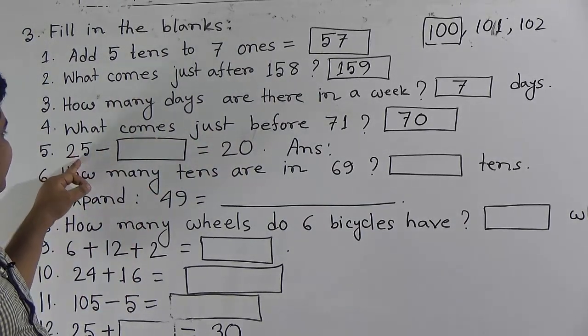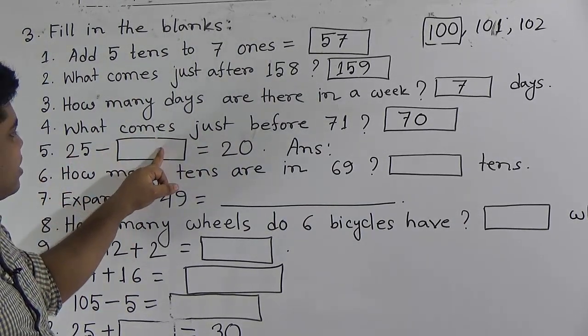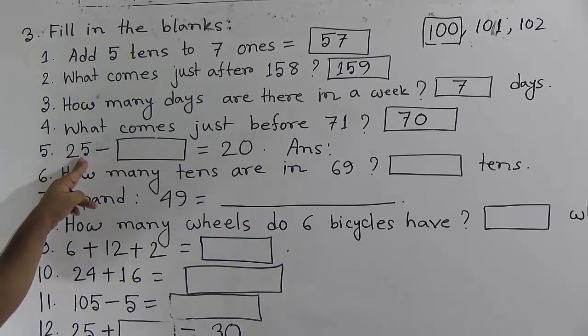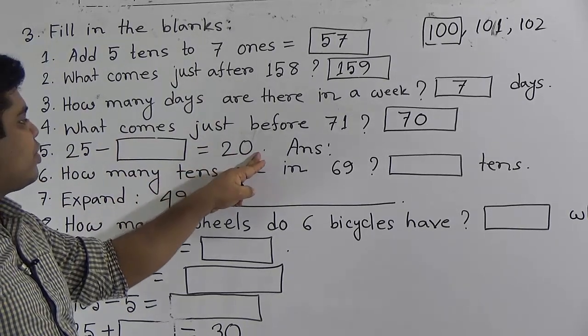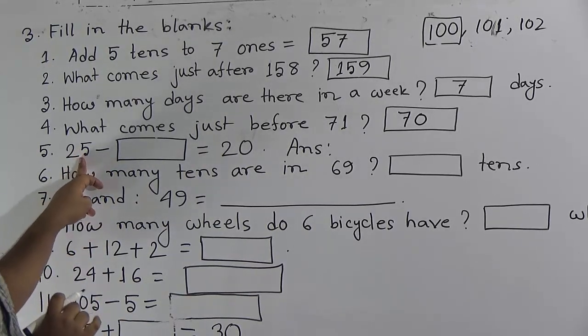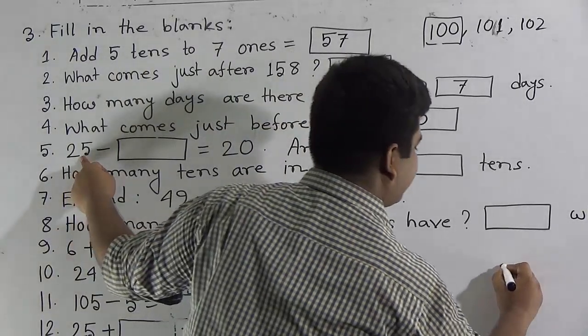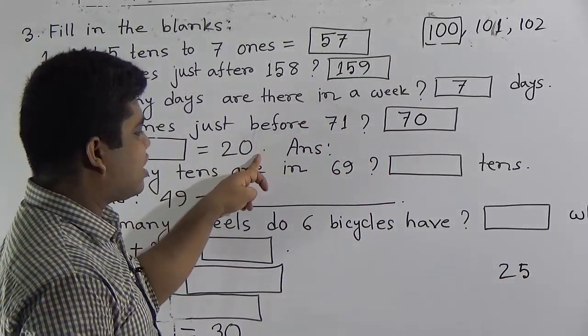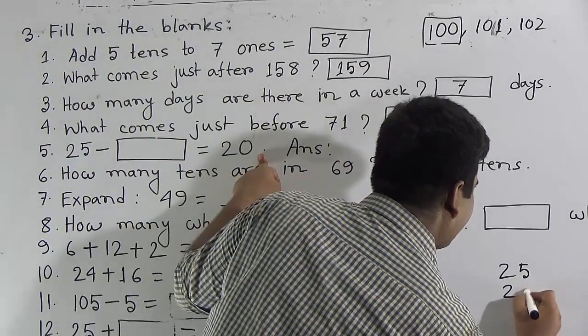Then 25 minus dash equal to 20. That means we subtract some number from 25 and the answer will be 20. How can we get this answer? We first write 25, then the answer 20 is written under 25.